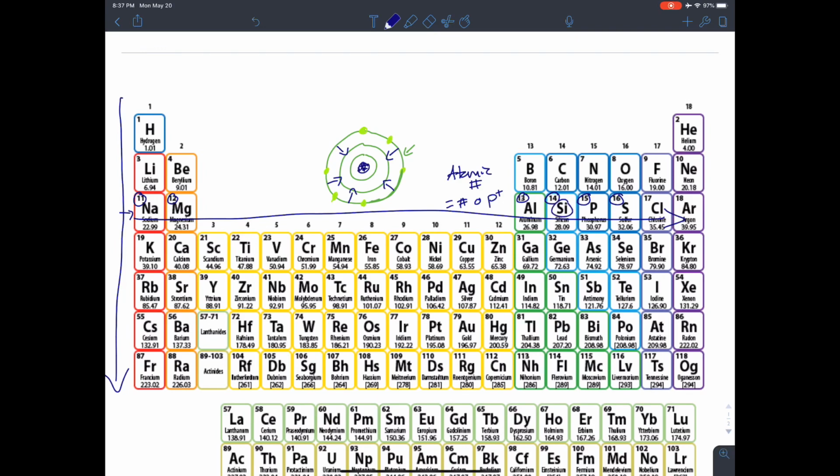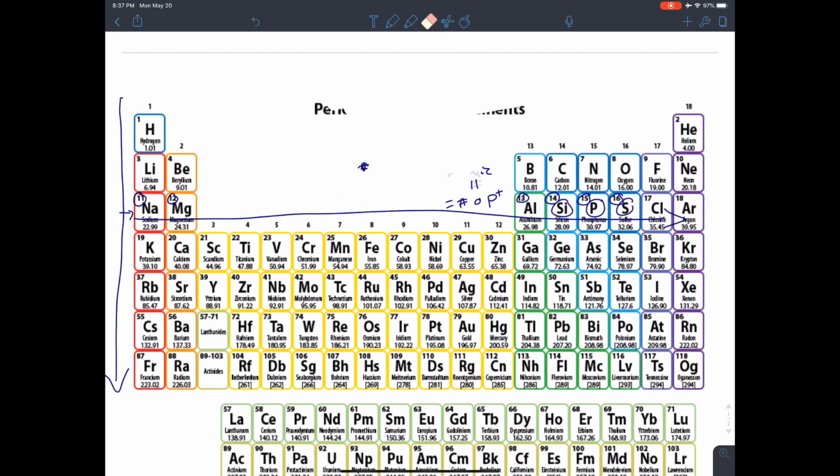Silicon has a stronger nucleus than aluminum. Phosphorus has a stronger nucleus than silicon, and so on. The stronger it gets, the more it pulls the outer electrons towards itself and holds them with more force. We'll see why that's important when we talk about the trends in a second.